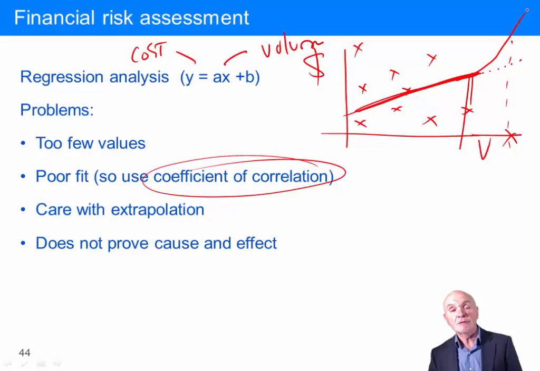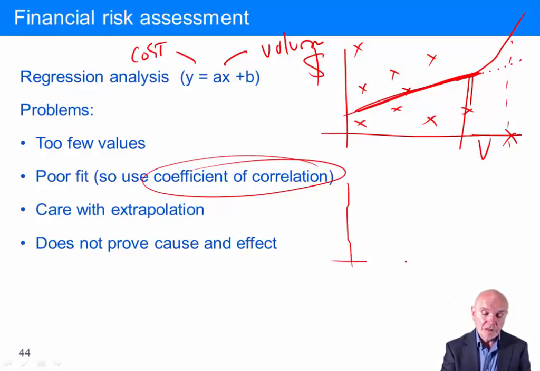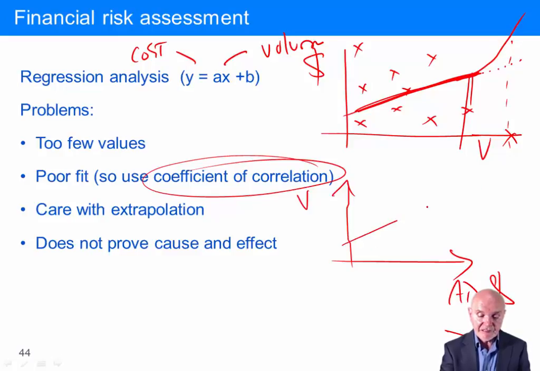And finally, it doesn't prove cause and effect. Let's say instead of cost and volume, what we had was the volume being sold here, and in here we'll put the advertising expenditure. And we see this very nice line going up like this, and the advertising manager says, look, the more I spend on advertising, the greater the volume being sold. In fact, they might be quite unrelated.